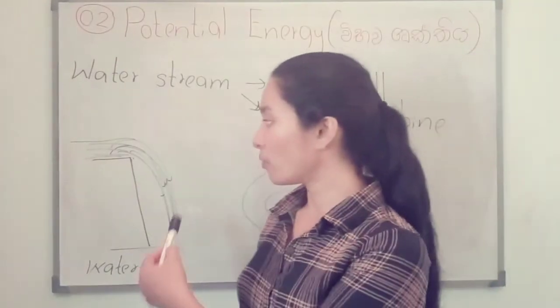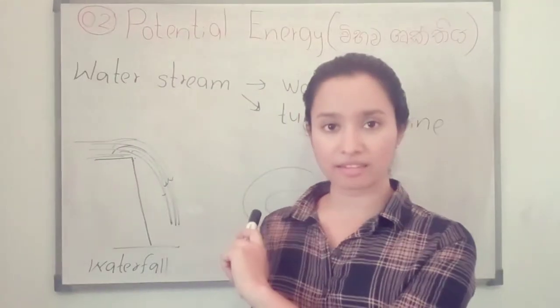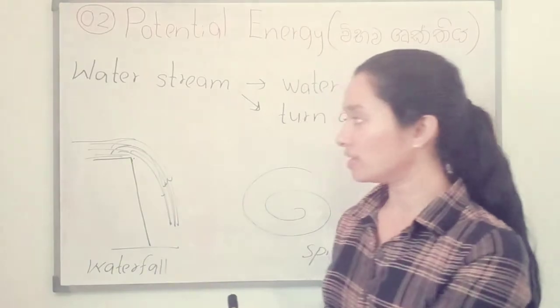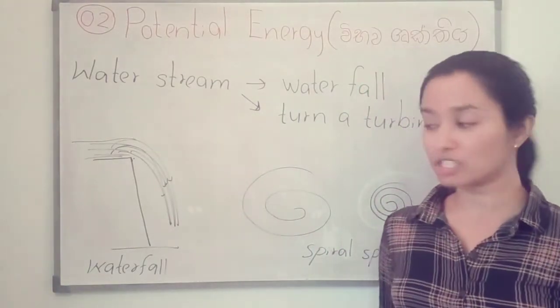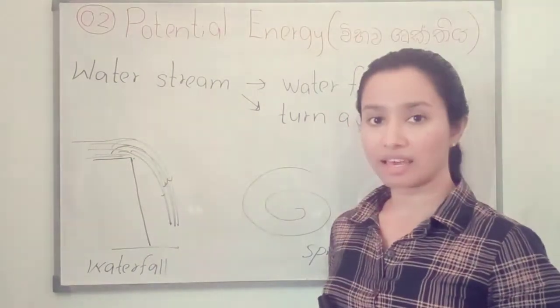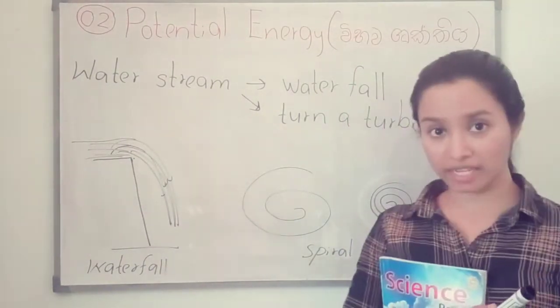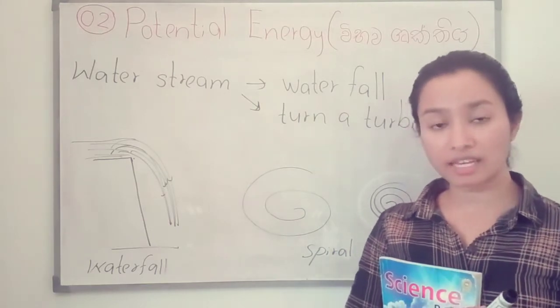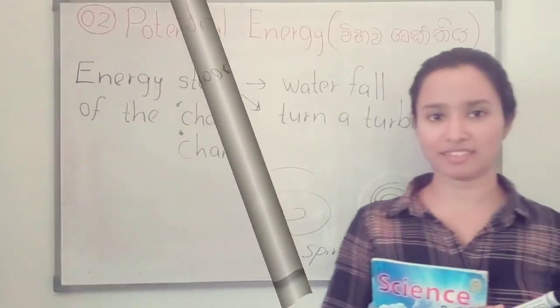The water in a higher position contains potential energy. When it's flowing, the potential energy is converted to kinetic energy. The spiral spring, when winding the toy car, contains potential energy, Vibhava Shakti.